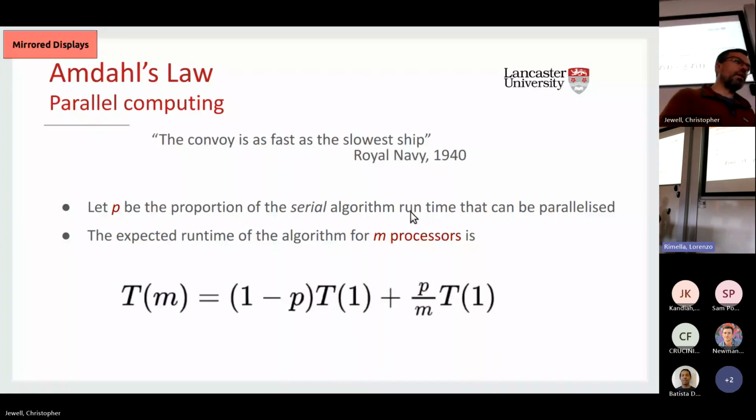So what I'm going to propose is that we've got a serial algorithm, like the one I've just written down, where we have this iterative for loop that could be run by a single processor. And I'm going to say that supposing there's a proportion P of the machine instructions contained in your code that could be run in parallel.